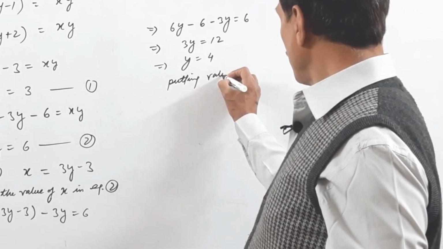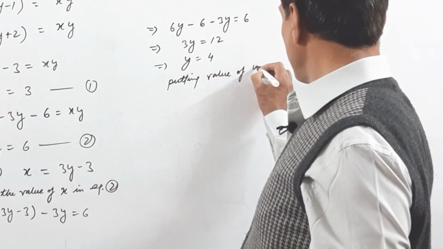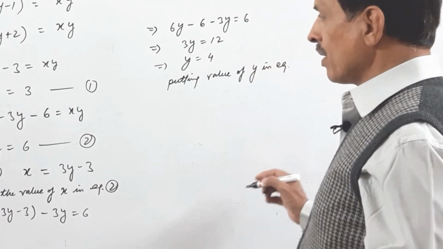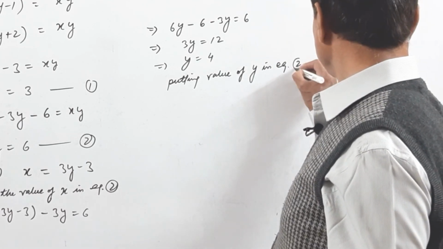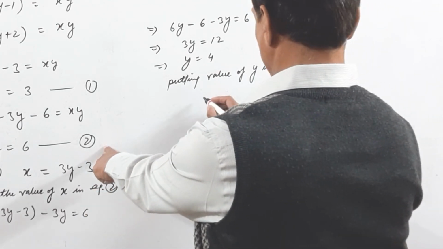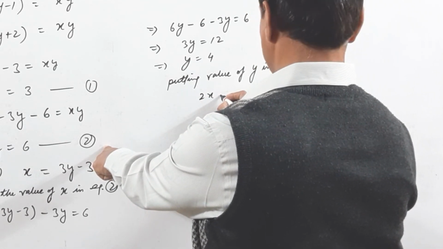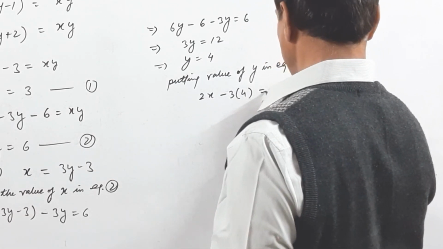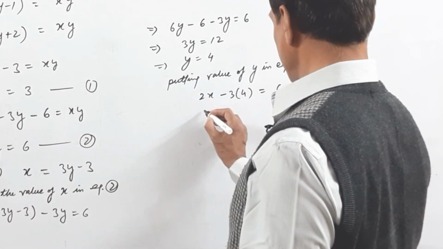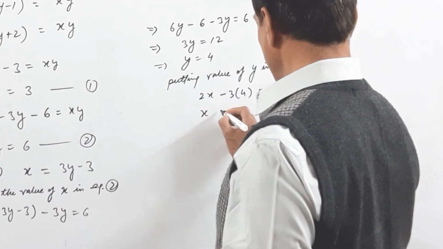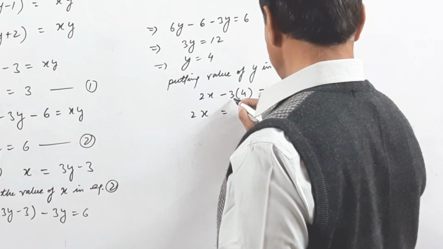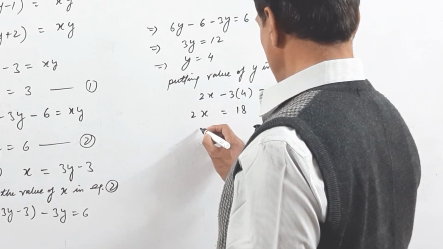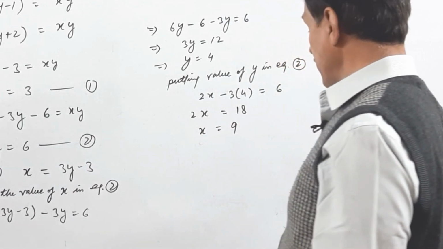Putting value of y in equation 2, we have 2x minus 3 into 4 is equal to 6, or 2x is equal to 6 plus 12, that is 18, or x is equal to 9.